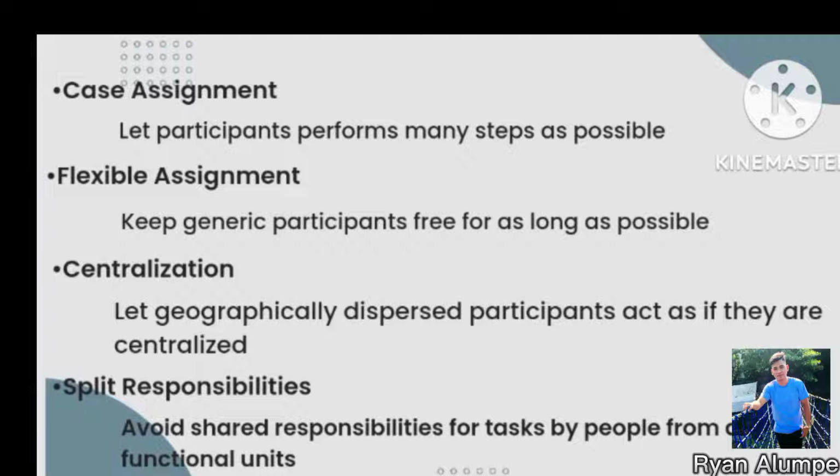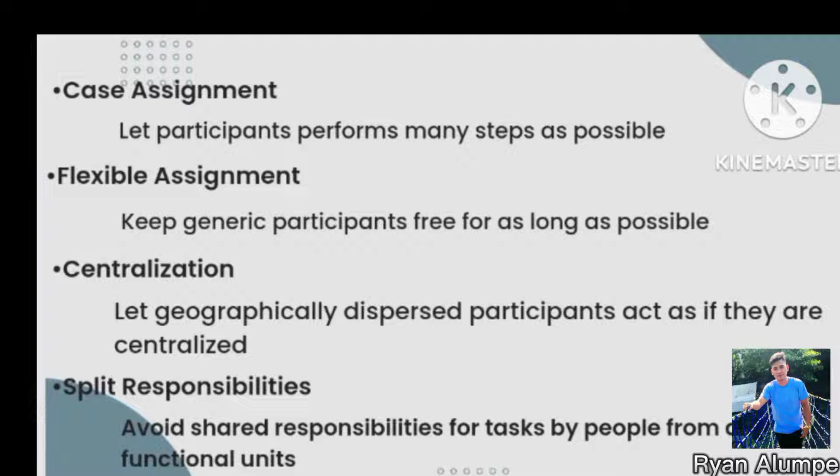Case assignment: let participants perform as many steps as possible by using case assignment. In the most extreme form, a participant will carry out all activities that belong to a particular case. Flexible assignment: keep generic participants free for as long as possible.